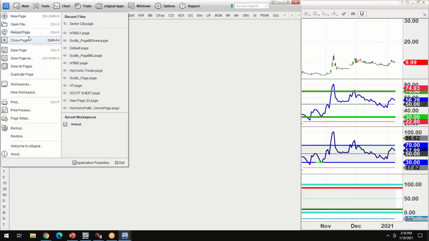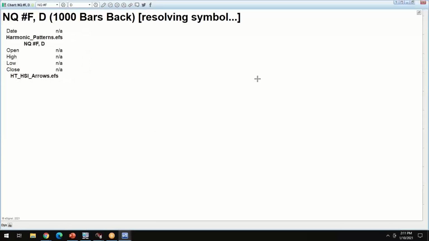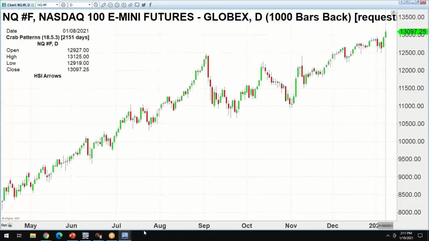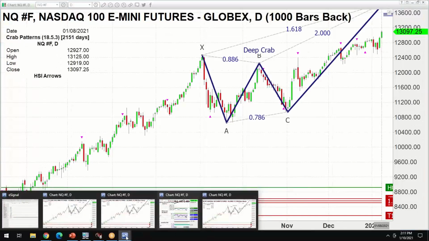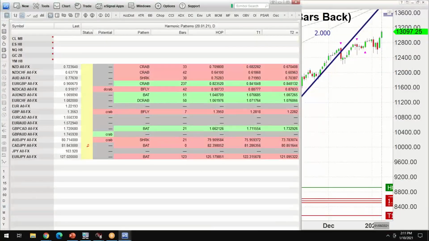And I'll open up, and I'll walk through how I go through the monitor, and we look at the number of bars here. Here you go. So here's the monitor watch list. This can be done for any of your favorite markets.